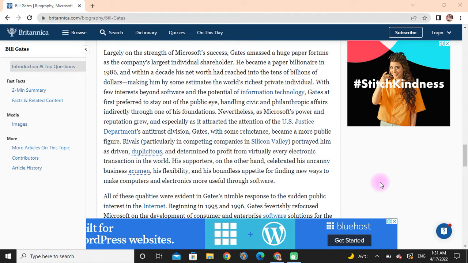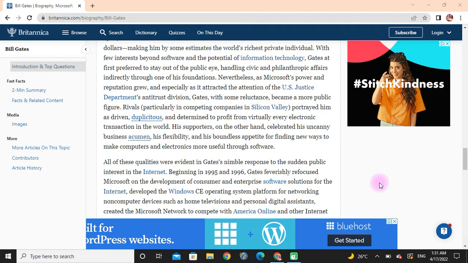His supporters, on the other hand, celebrated his business acumen, his flexibility, and his boundless energy in finding new ways to make computers and electronics more useful through software.